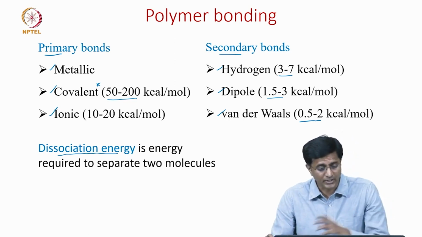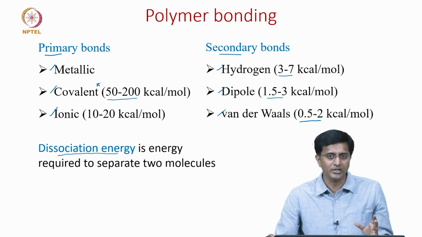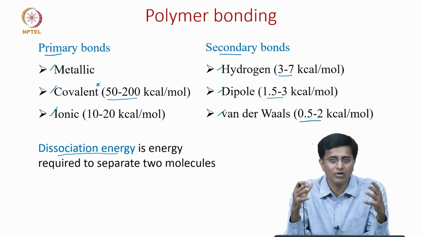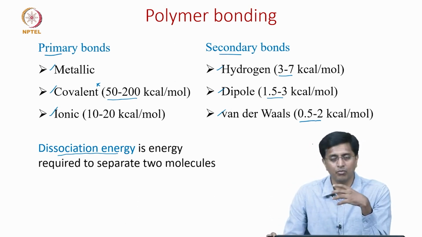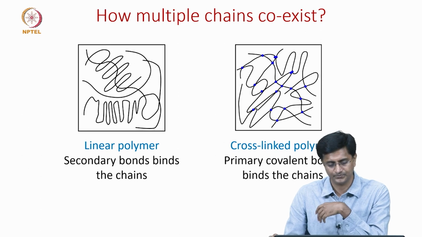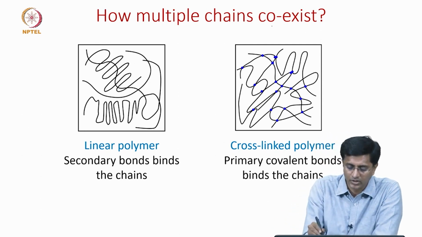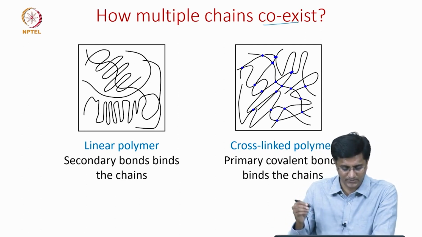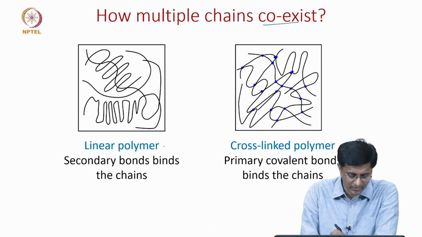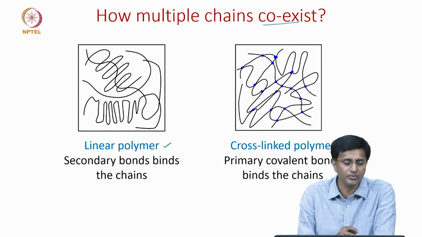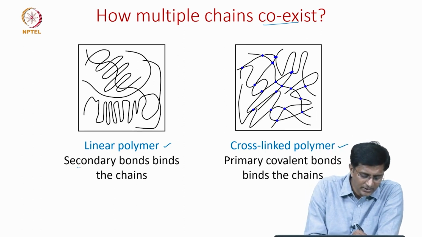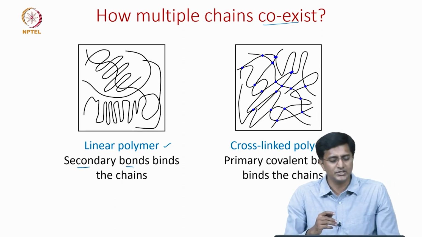The reason why we have studied this bonding is that now we will look at how, if we have multiple polymer chains, they coexist and what kind of bonds they have. So, we are talking about coexistence of multiple chains. We will be looking at linear polymers and cross-linked polymers. Linear polymers are ones with secondary bonds between the chains.